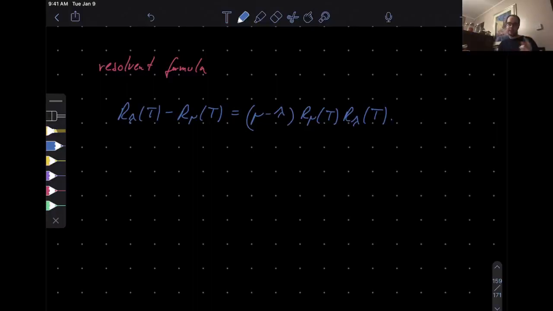On the left hand side you can interchange lambda and mu because it's a difference, so you get a minus sign. If you relabel lambda and mu similarly on the right hand side, you get this additional minus, and it tells you that these commute.